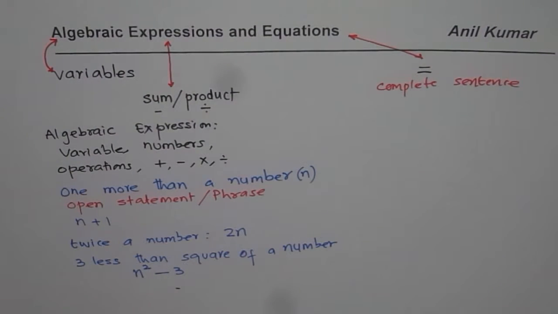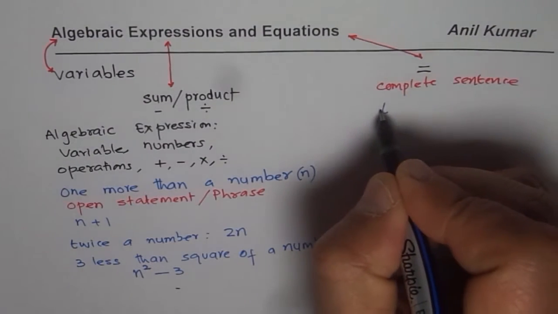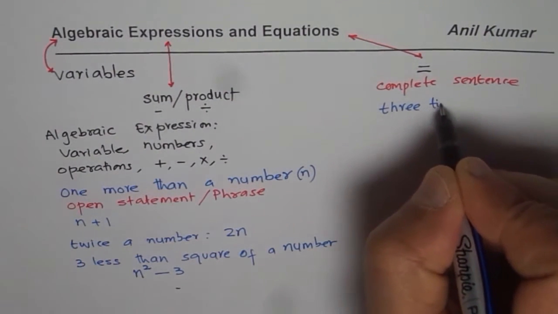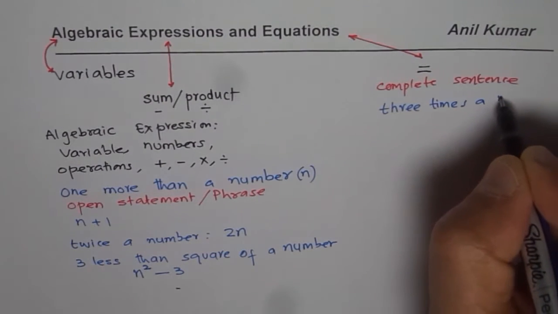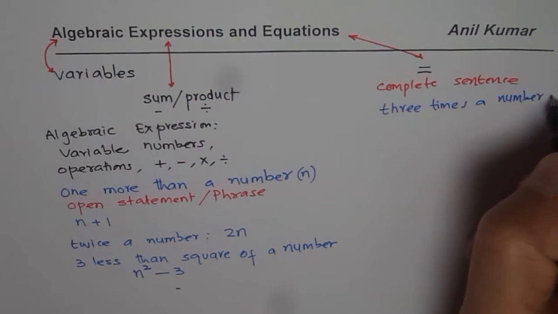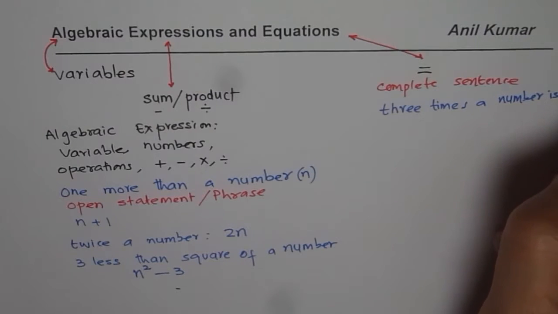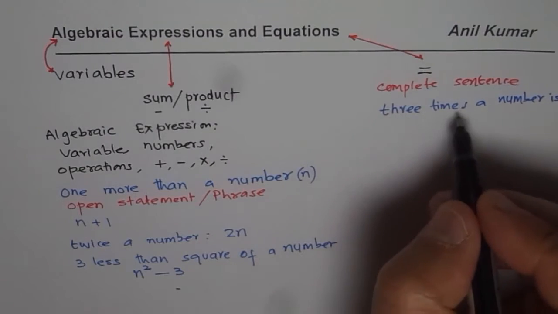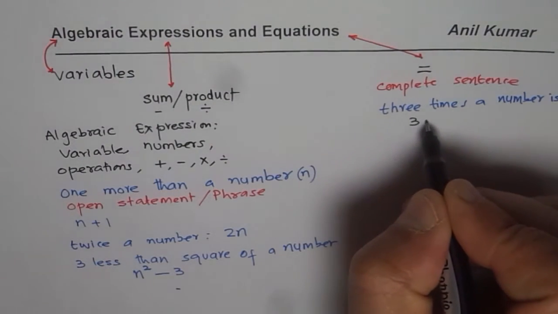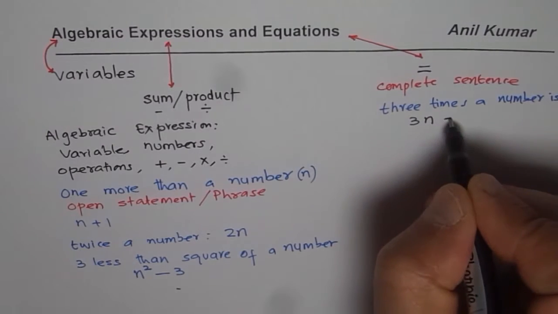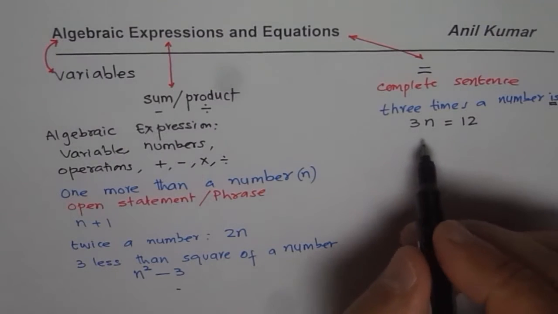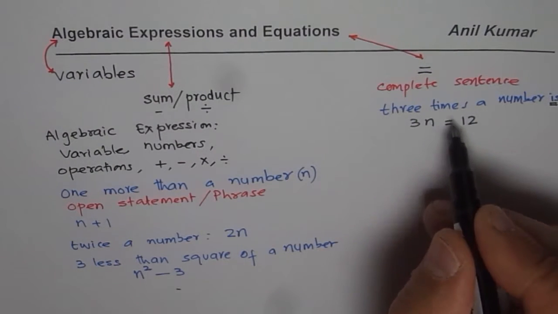For example, let me use a different statement: 3 times a number is 12. What we are really saying is 3 times a number, that is 3n, and is means equal to 12. What we get here is an equation.